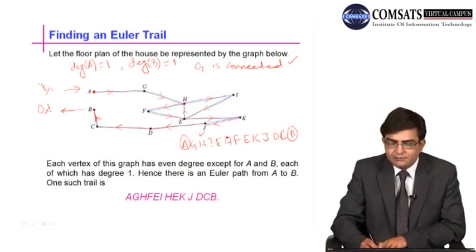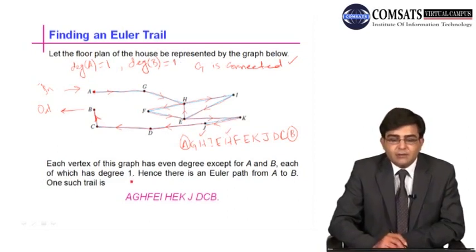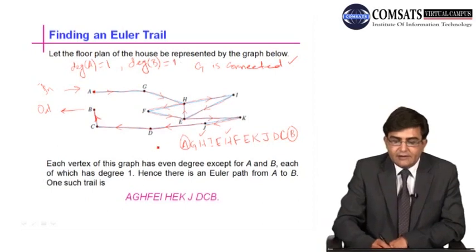H is repeating here, so it satisfies all the properties of an Euler path. So this is an Euler path.